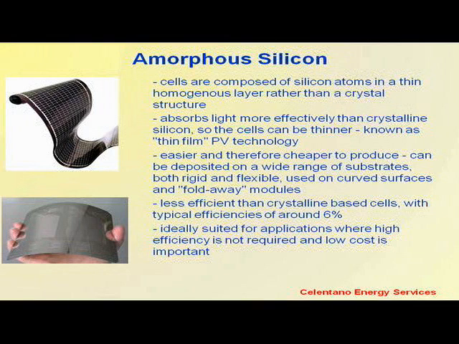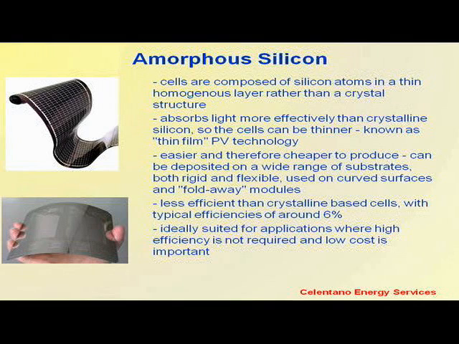A thin layer of silicon is sprayed onto a substructure, which may be flexible, and this absorbs light very effectively. It doesn't produce electricity as effectively. The electricity is typically produced at around 6%, but it's very suitable in applications where flexibility would be needed.